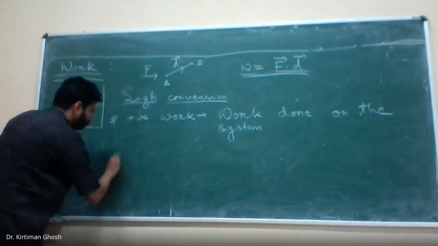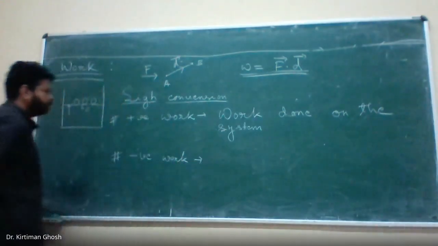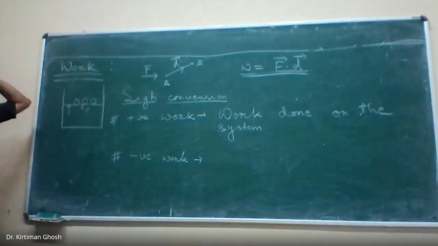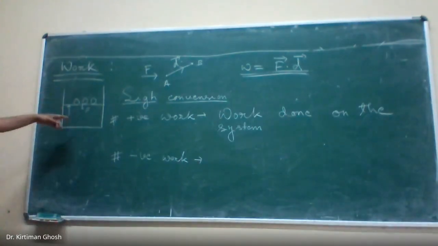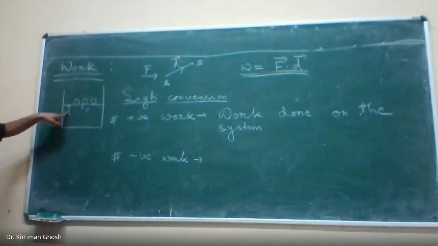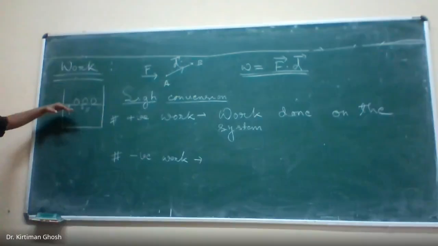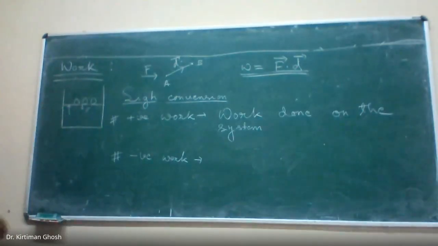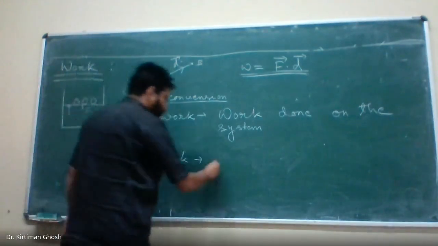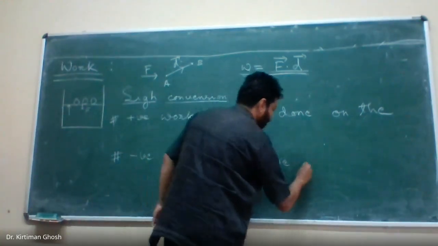And negative work is the opposite. In this particular example, when the displacement of the piston and the external force acting on the piston are in opposite directions, that means the piston moves upward. If the pressure inside this container is bigger than the external force, then the piston will move upward, right? That is what we call negative work. This is often called work done by the system.